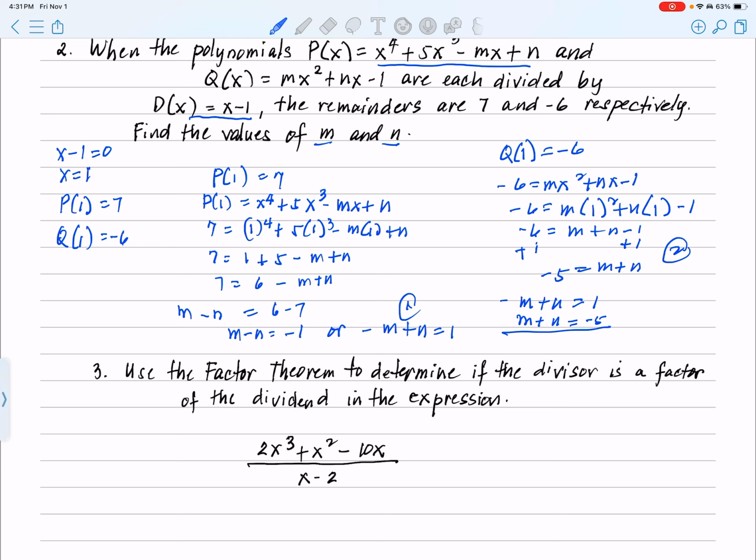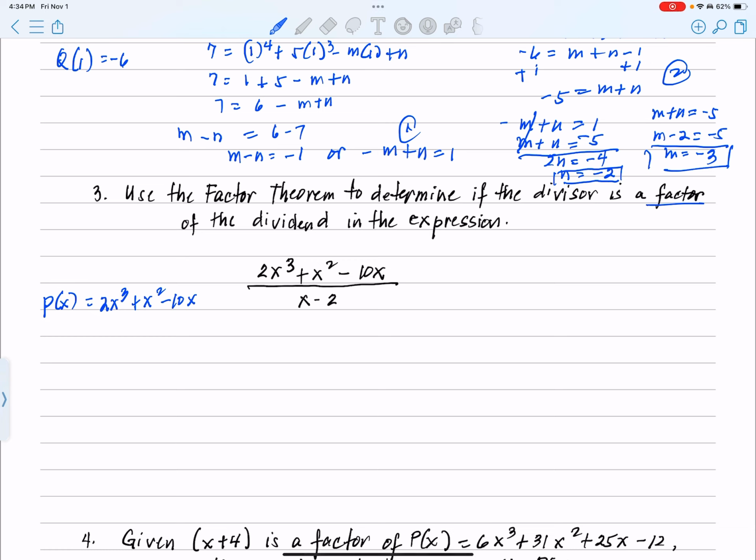By using the factor theorem, if x minus 2 is a factor of p of x, we equate that to 0 first to get the value of x, and p of 2 would equal 0. Then x minus 2 is a factor. We want to find out if p of 2 equals 0.